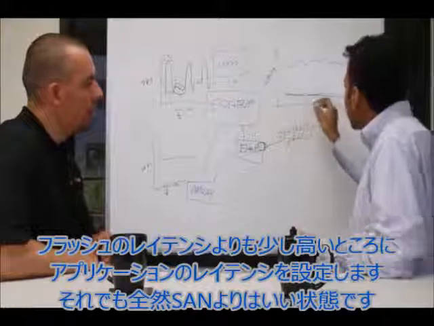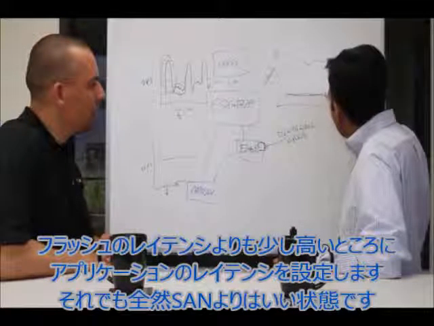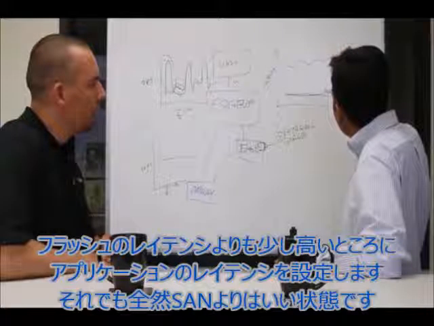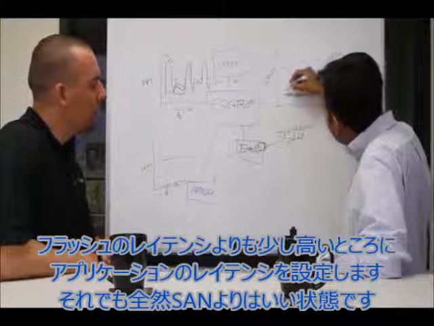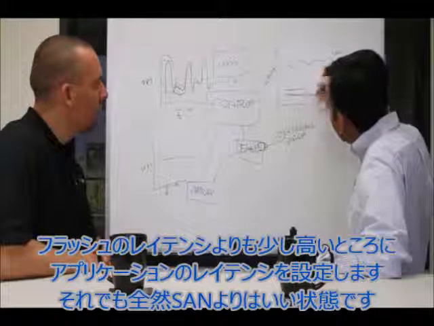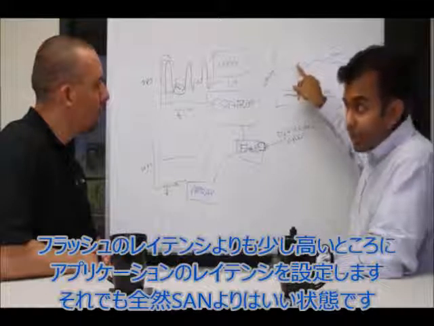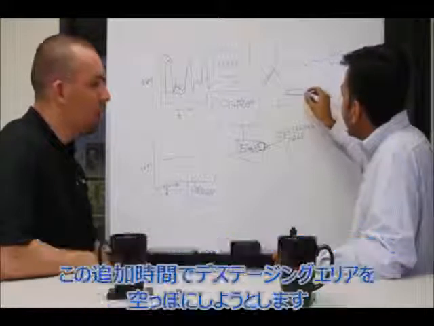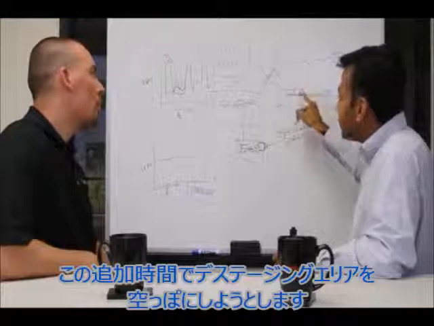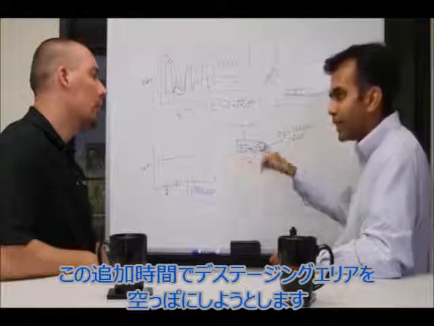So what that does is, this is the SAN latency, it'll take the application's latency slightly higher than flash. It's still much better than the SAN. And we are going to use that extra time to try to empty out the destaging area.